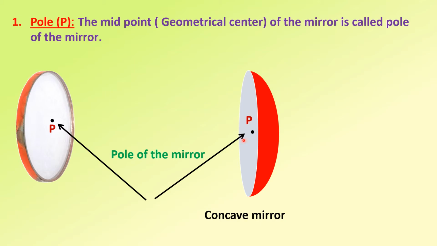We can use either this or this, both are same. And in symbolic representation, we know that the concave mirror is represented like this, and we can guess where its pole will be. So here the pole will be here.